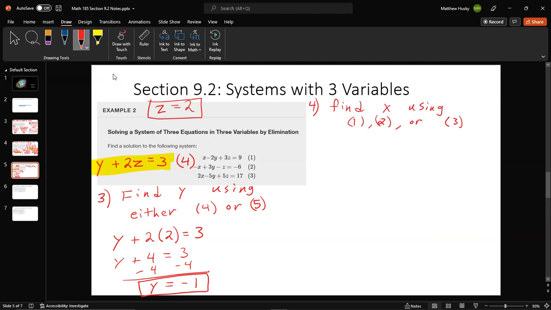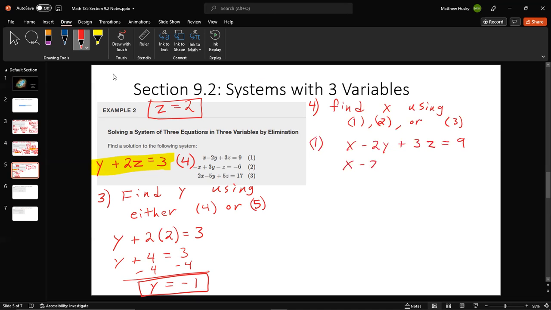You just need to make a decision, pick your favorite equation, and go with it. I'm going to use equation number 1 just because it happens to be first. There's not a compelling reason I have to do it that way. I could just as easily choose something different, and it would all be just fine. You just have to make a choice. So let's see. I know the value of y.